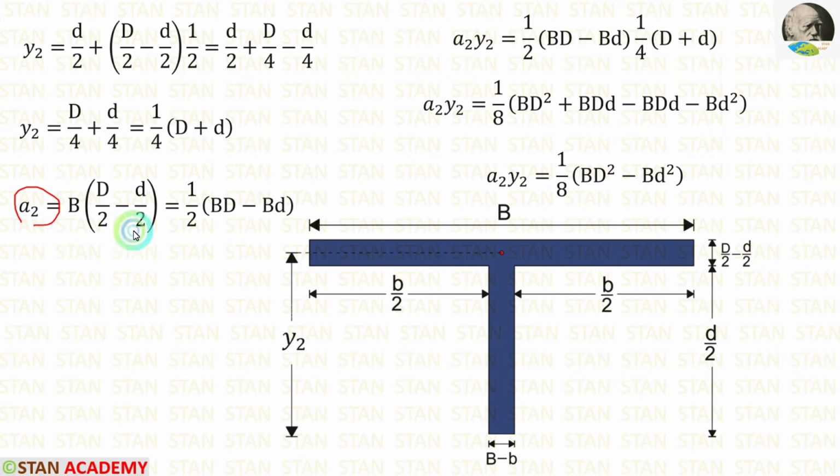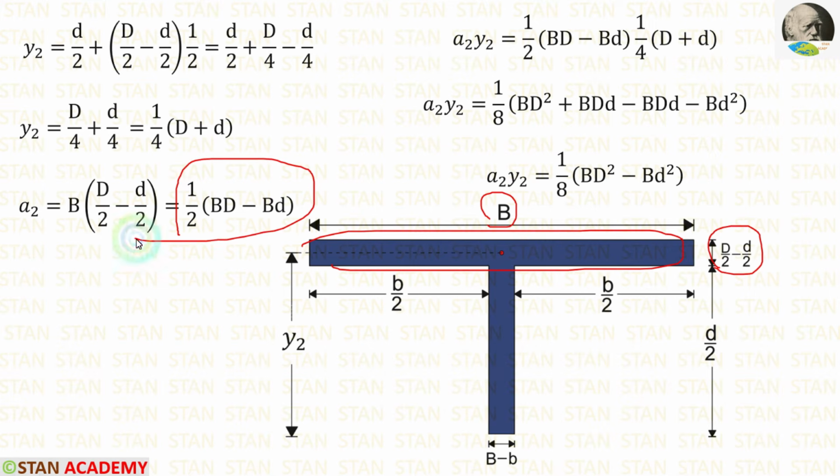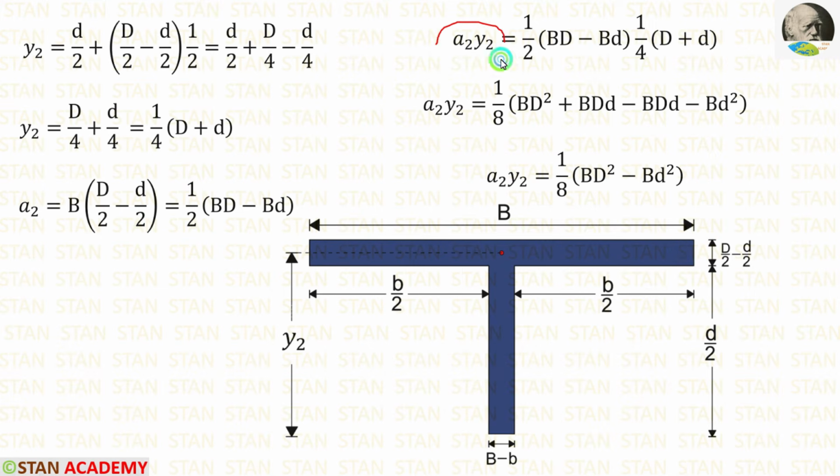Finally, for y2, we are getting this value. Now, let us calculate A2. This is a rectangle, so the area will be b into this value. Finally, for area, we are getting this. Now, we can calculate A2 Y2. We have to multiply A2 and Y2. Here we can cut these two values.